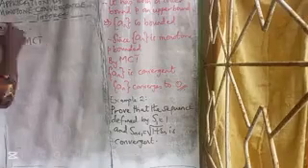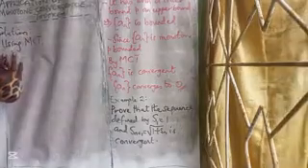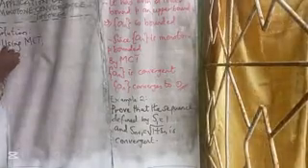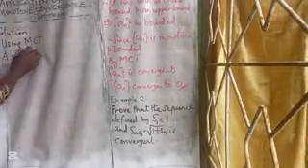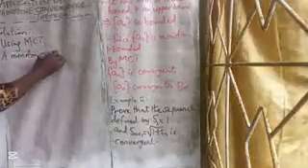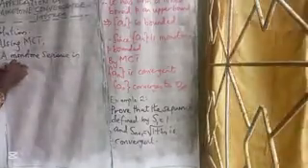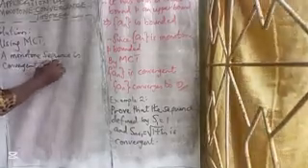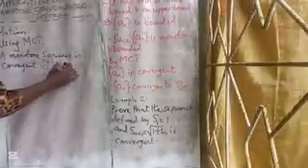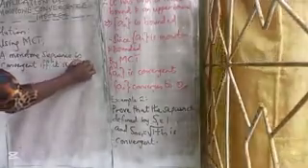Using the monotone convergence theorem, the monotone convergence theorem says a monotone sequence is convergent if and only if it is bounded.